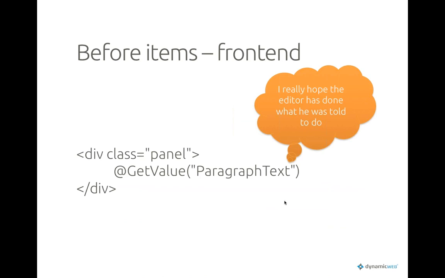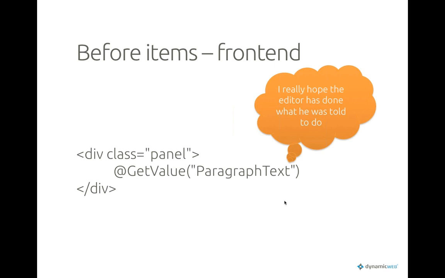And from a front-end implementer's point of view, items are also a great help, because before items, basically what we could do as a front-end implementer when we were publishing content based on Dynamicweb paragraphs, we could only get the text from the paragraph.